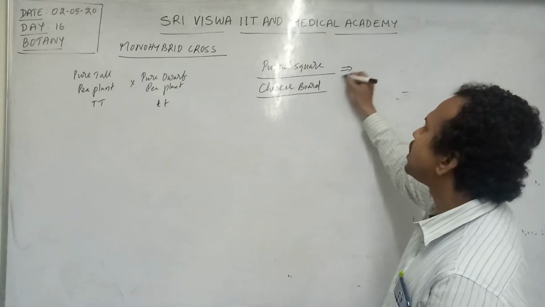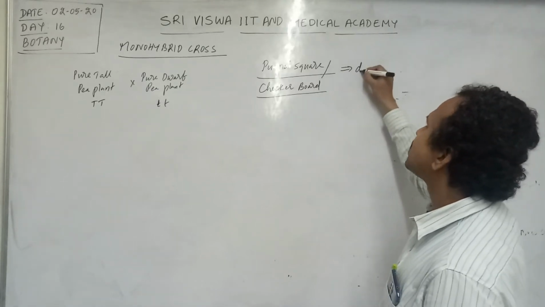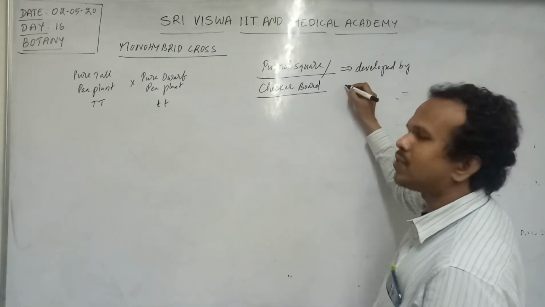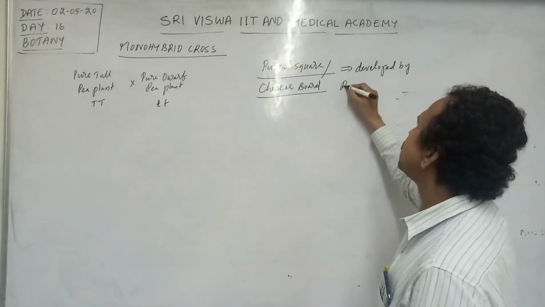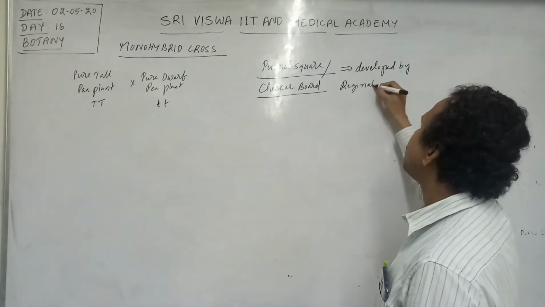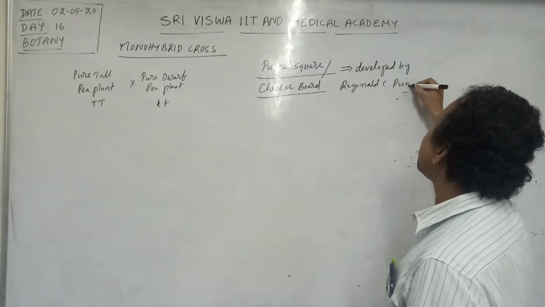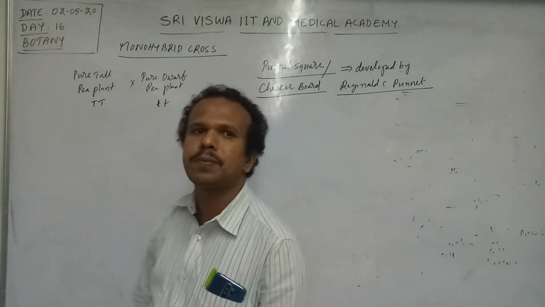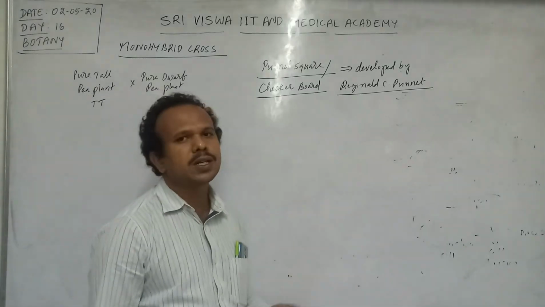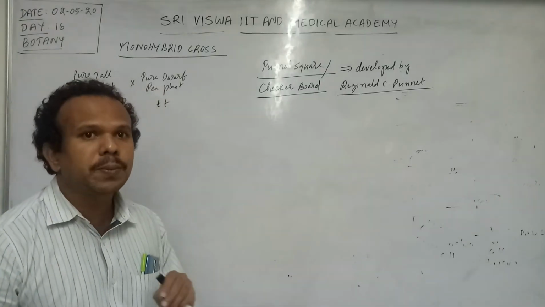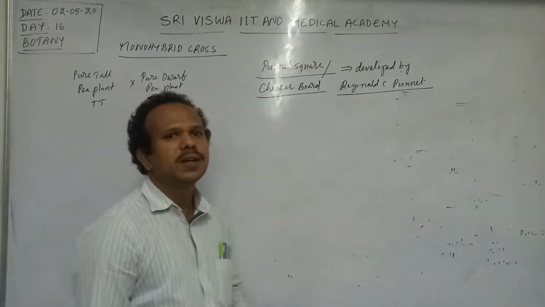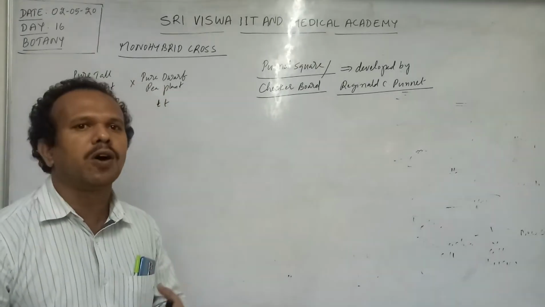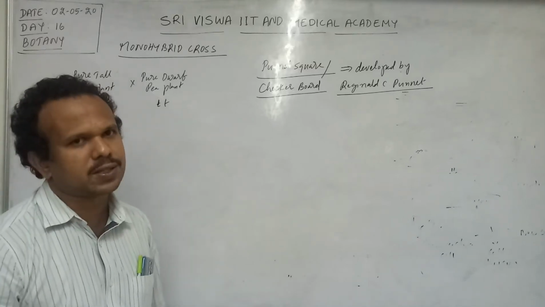This Punnett square or checkerboard was for the first time developed by a familiar scientist, namely Reginald C. Punnett. For the first time he developed this mode of representation of possible combinations of the gametes and the possible types of genotypes formed at the end of the cross.